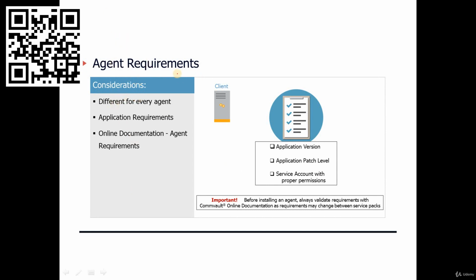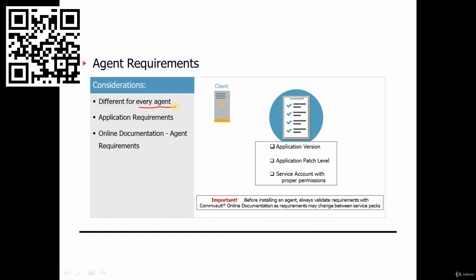Now coming to the agent. When we install the agent, we spoke earlier that it is going to register itself with the CommCell, and the CommCell will know that I have a client where the agent is installed and I have to protect this client data. So what are the considerations for the client? Different for every agent.